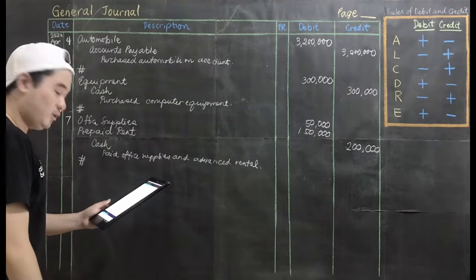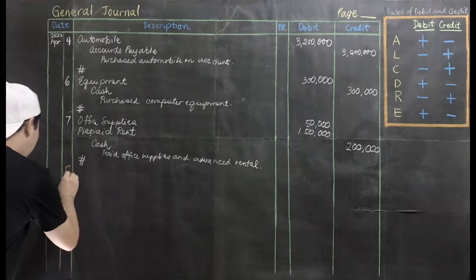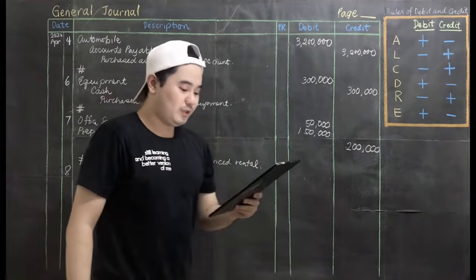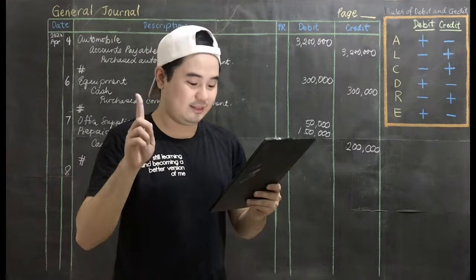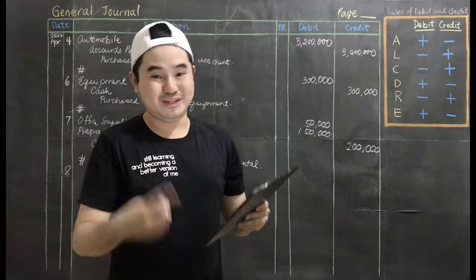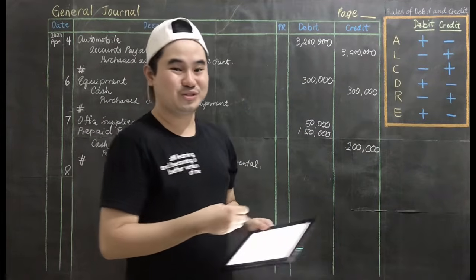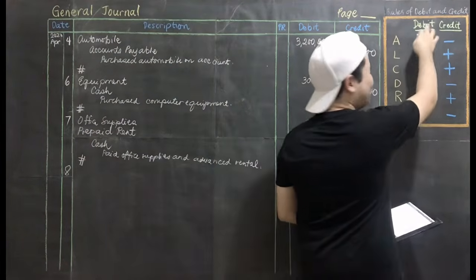Okay, let's move on with April 8. Purchase furniture and fixtures, 600,000, 200,000 binayaran ng cash yung balance on account. Anong asset yung nagkaroon tayo? Furniture and fixtures. Ganun din ulit. Asset nagkaroon, debit.